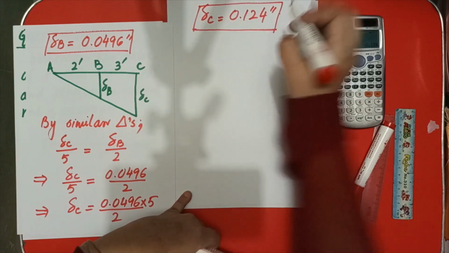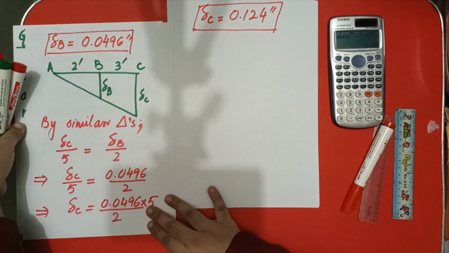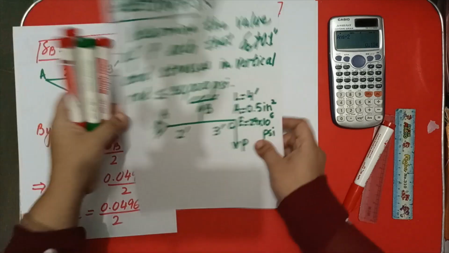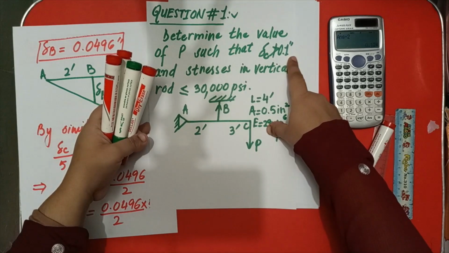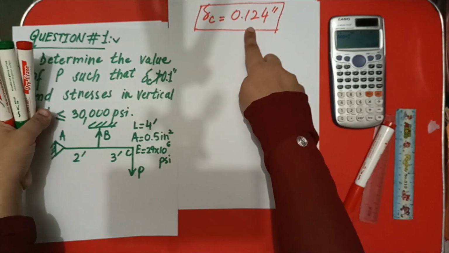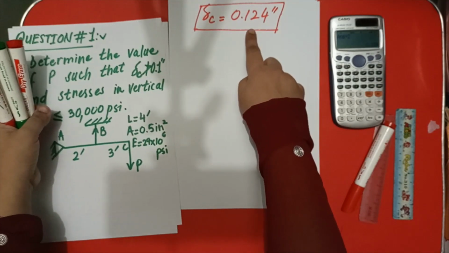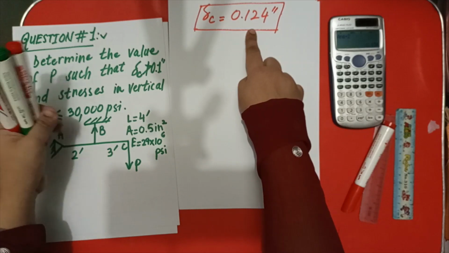This is the value we get. You can see in this question, ΔC should not be greater than 0.1 inches, but it is greater than 0.1 inches. It is coming out to be 0.124 inches.